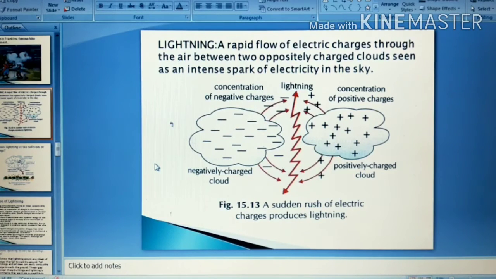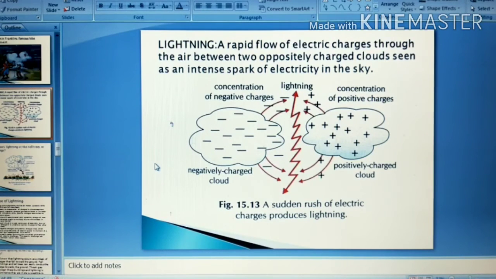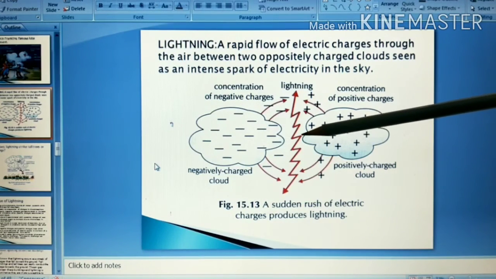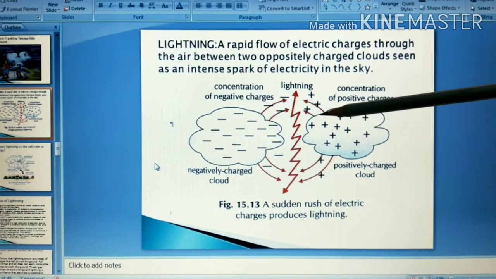But when the accumulation of charge becomes large enough and the wind brings the two clouds together, you can see the two clouds have come closer. What happens? The insulation of air and the charge can break down. So you can see the insulation of air has broken down, and the charge can jump from one cloud to another cloud.